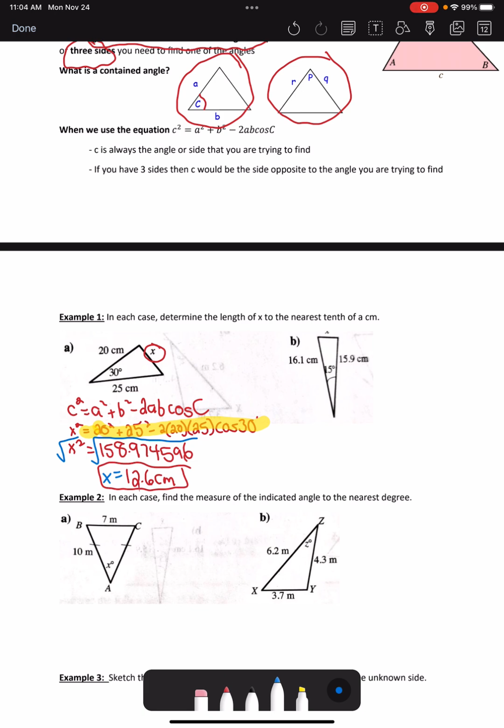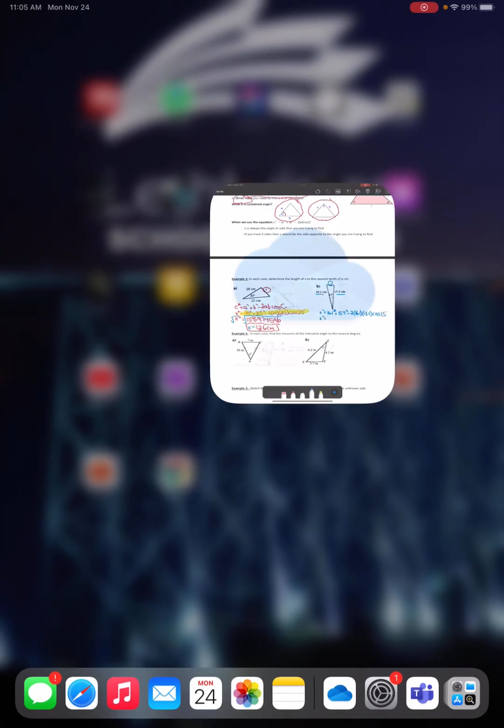So again, we're looking for side x. A and b is the 16.1 and the 15.9 in either order. So 16.1 squared plus 15.9 squared minus 2 bracket 16.1 bracket 15.9 cos 15 degrees. I'm going to type that all in.